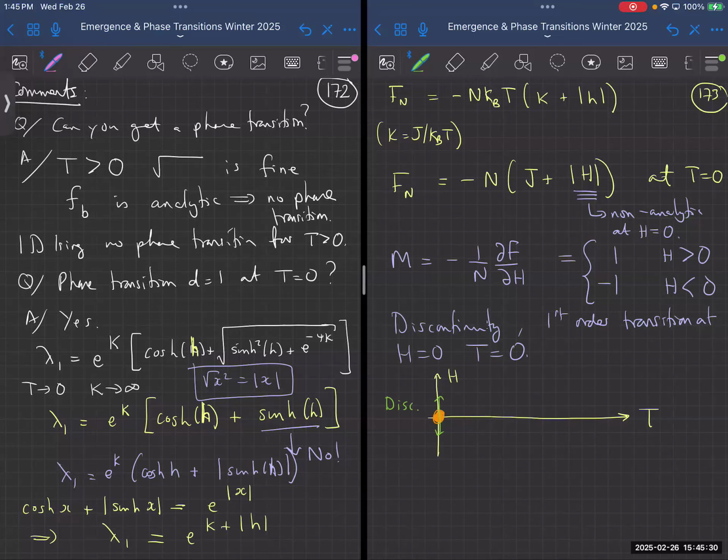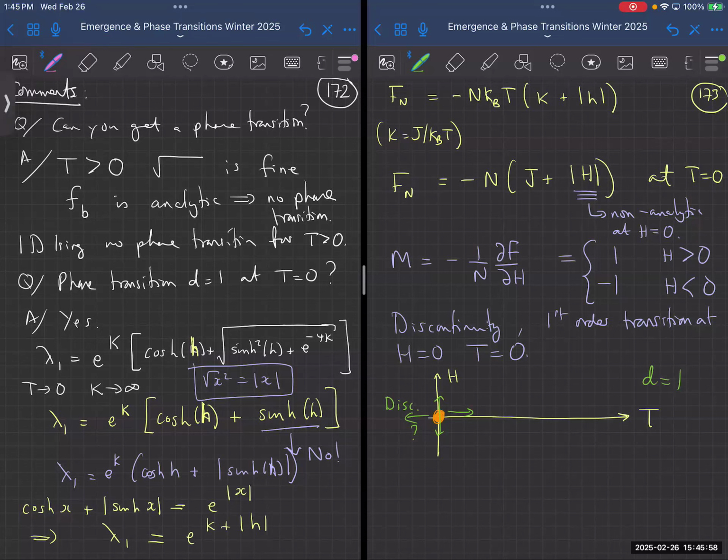And what happens in this direction? Well, you can't go back here to negative temperature. So this is a kind of weird singular point, because at h equals 0 and T going to 0, the lambda is going as e to the J over kT. So there's an essential singularity at T equals 0. So this is d equals 1.